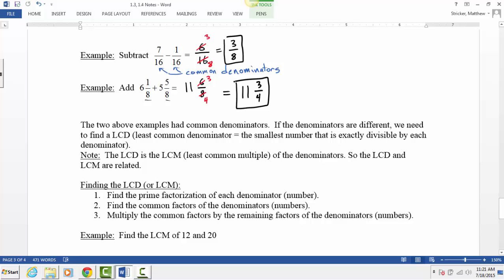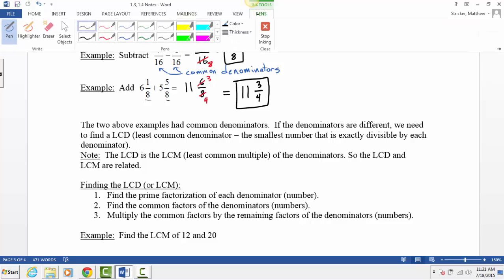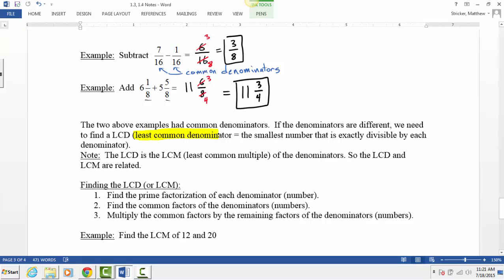Okay, so both of those examples had common denominators, but sometimes we don't have a common denominator, and so we need to find what's called the least common denominator. And this is sometimes hard for students to do. We're going to look at a structured process of how to find a least common denominator or least common multiple, but sometimes it's easier once you get the hang of it just to see it in your head, because what you're really looking for is the smallest number that both 12 and 20 go into.